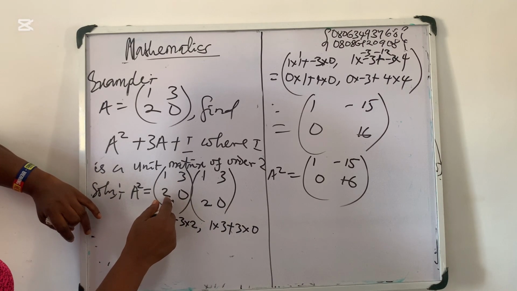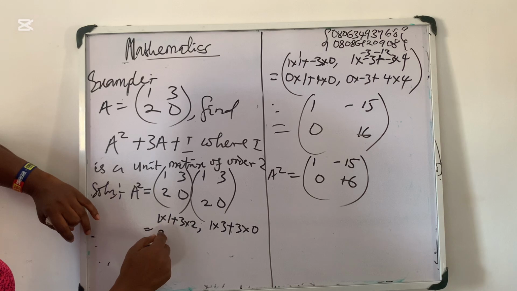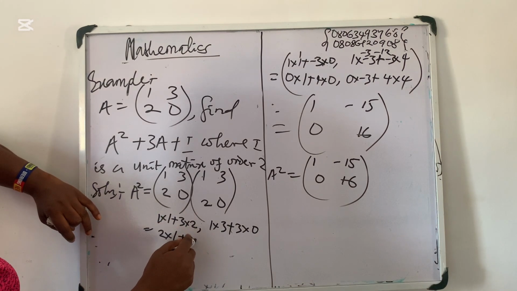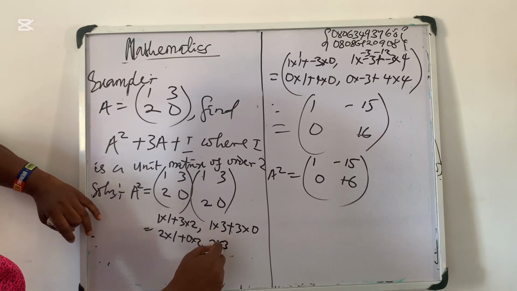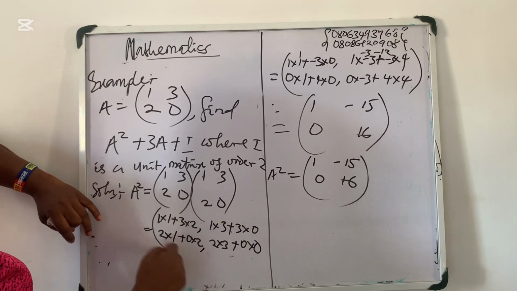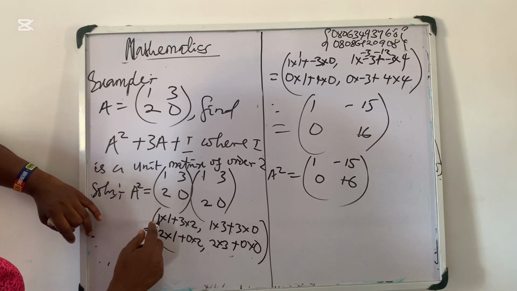Pick up the second row, 2 times 1 plus 0 times 2. Still use it for the next column, 2 times 3 plus 0 times 0, all enclosed in a bracket.